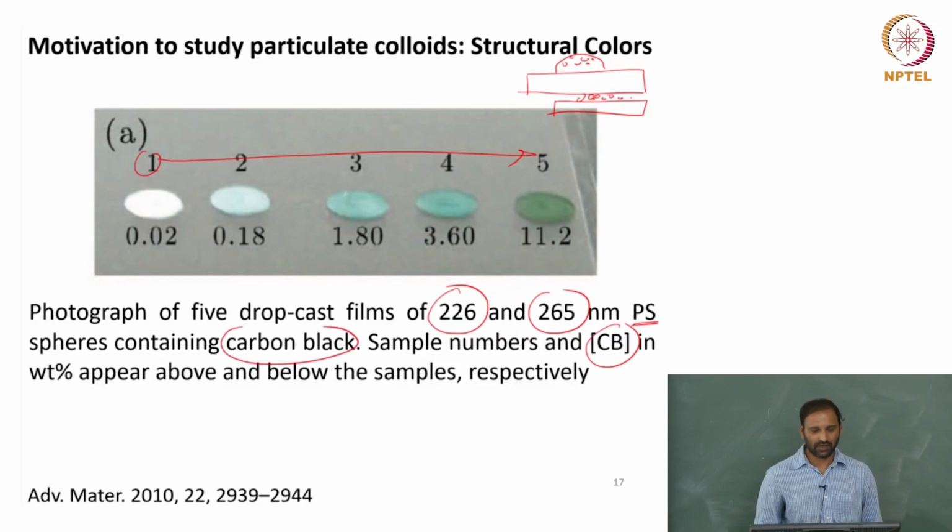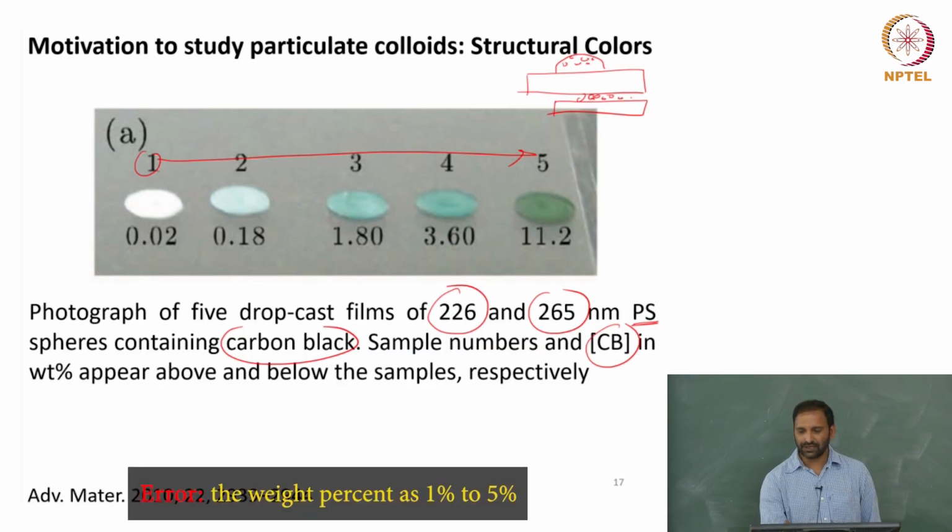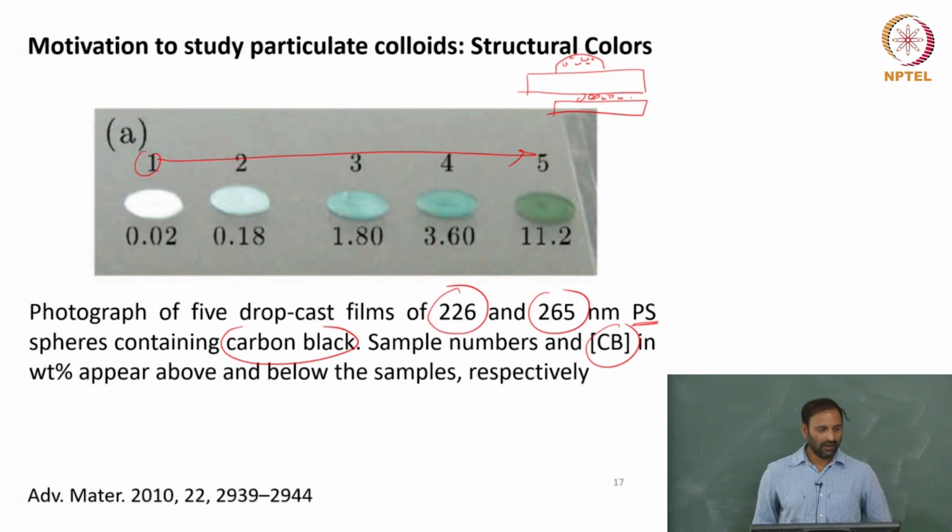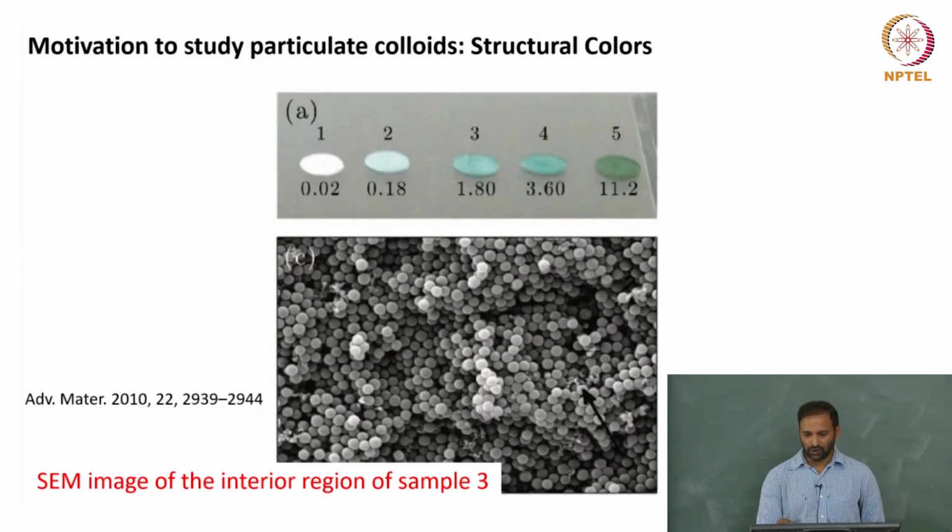The concentration is given in weight percentage, going from 1 weight percentage to 5 weight percentage, and you can clearly see that the colors are very different. If you do microscopy of sample 3, it looks something like this. When the particles are finally deposited by drop casting, you can clearly see it is not a regular arrangement.